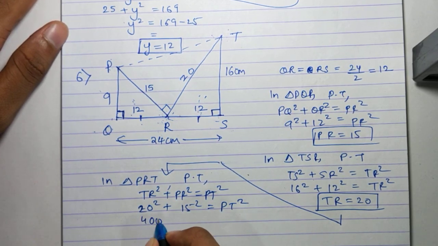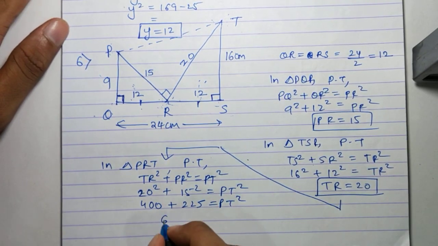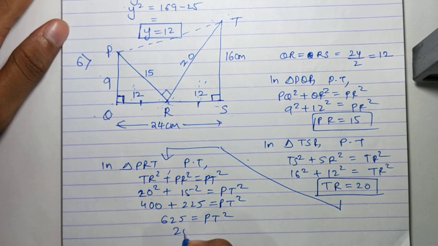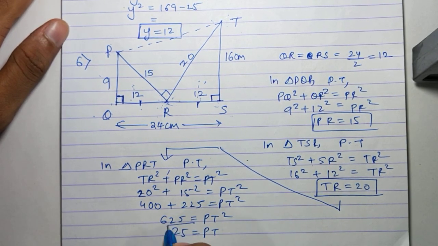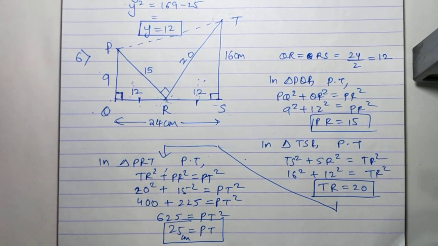So 400 plus 225 equals PT square, that is 625 equals PT square. So PT is 25 centimeters.